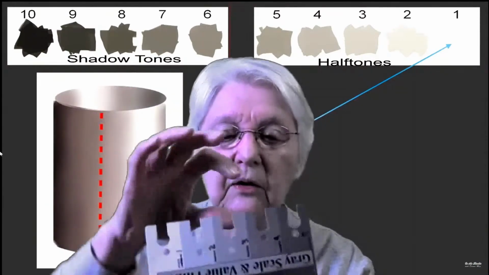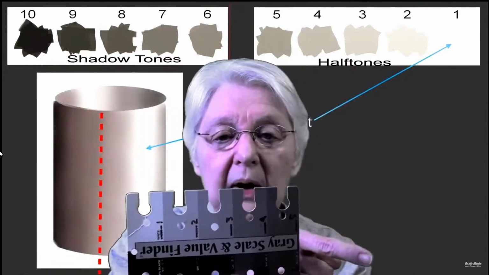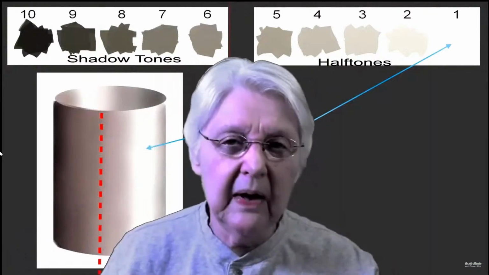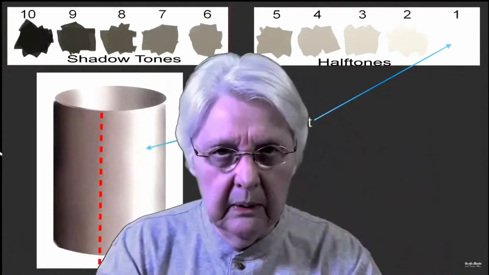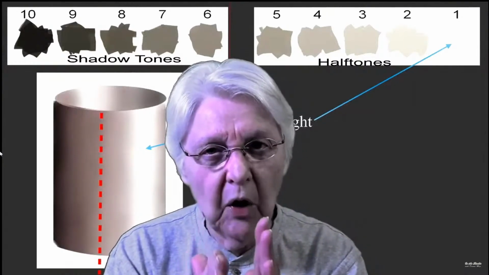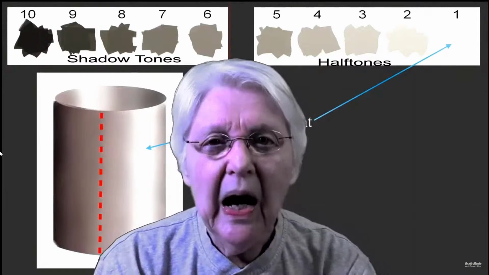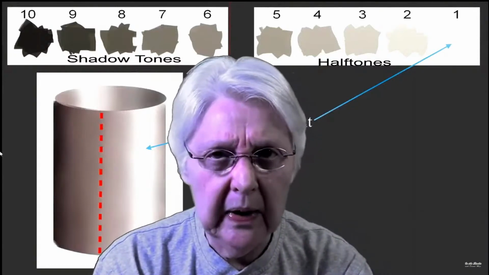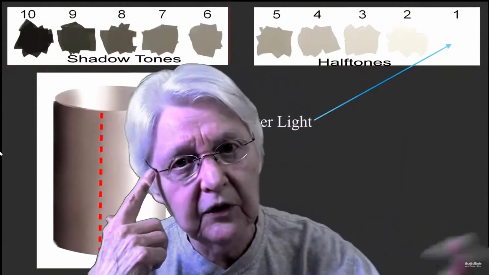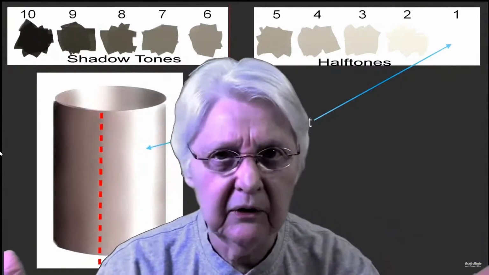Then learn to recognize value 3. That's an interval even a little bit darker towards the shadow area. And learn to recognize value 4. See what I'm saying there? If we learn to recognize a value when we see it according to its halftone, or even its shadow, but today we're talking about halftones, if you learn to read that as where it belongs in the halftone range, then you'll know whether you're looking at water, or foliage, or anything, the desert, sky.